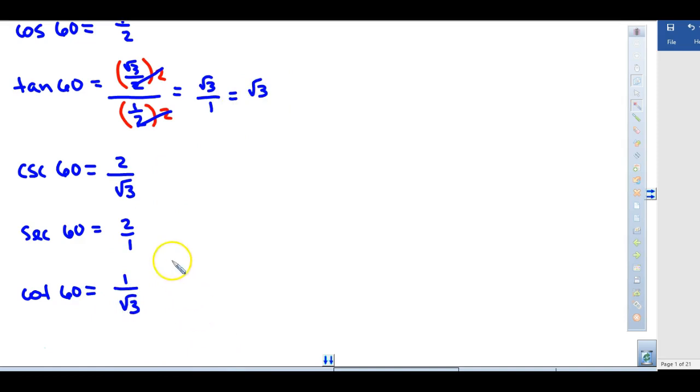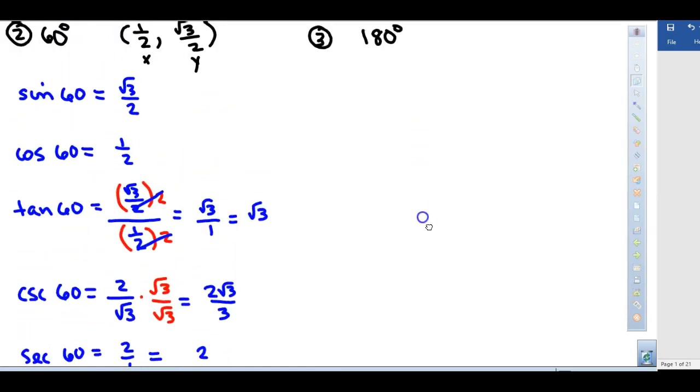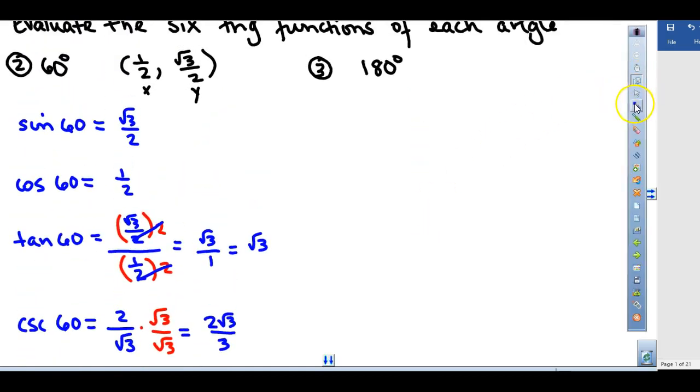And yes, we are going to simplify these radicals. So this becomes 2 square root of 3 over 3. This is just 2, and this is square root of 3 over 3. And it is just that simple. So if you know your ordered pair, then it's no biggie. You can figure out the rest.